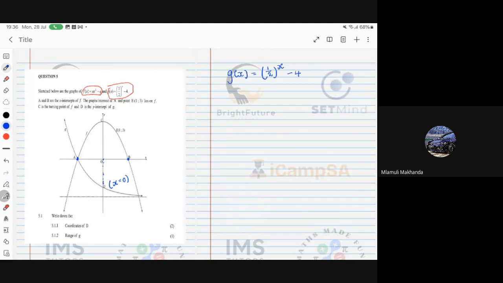So at the origin, that's where we find the intercepts. What we have to do right now, the only value that we have to find here, is the value of y, or of g(x), where x is equal to 0. So let's come here.